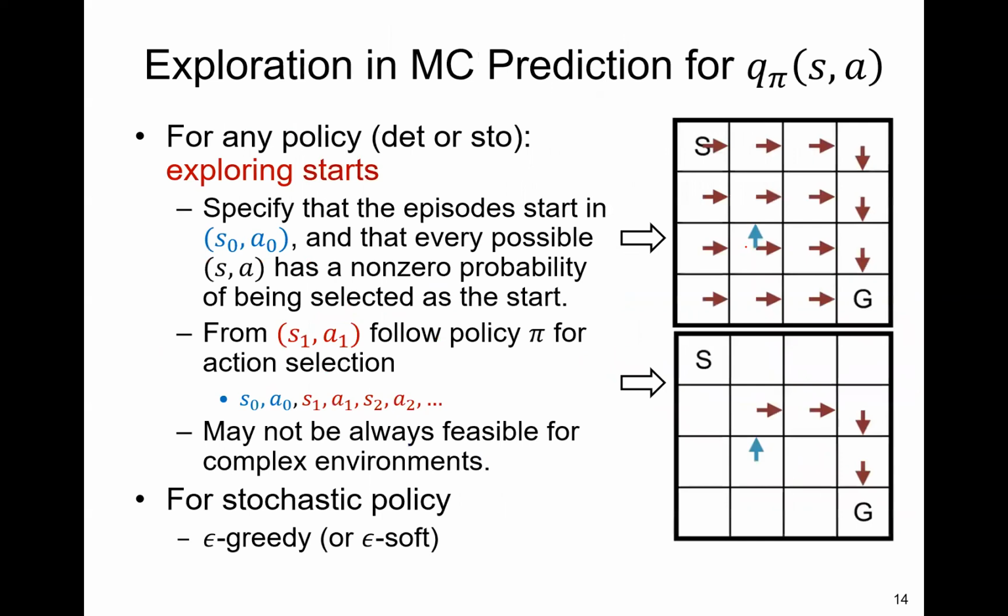For exploration, you can perform exploring starts. In the initial stage, you pick a random direction and then follow the policy. So this initial random direction gives you exploration. And for a stochastic policy, you can have epsilon greedy in every step.